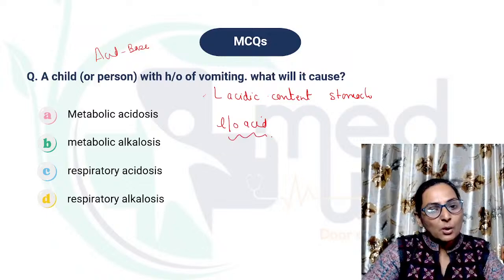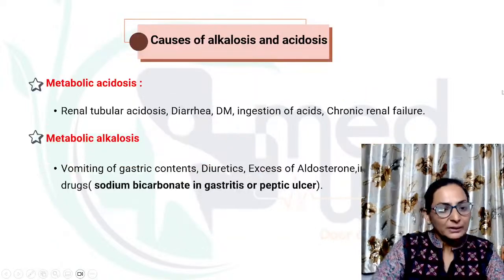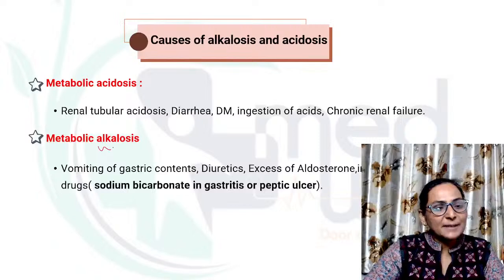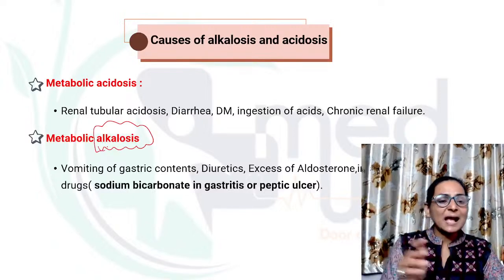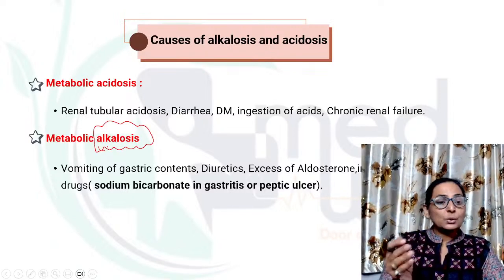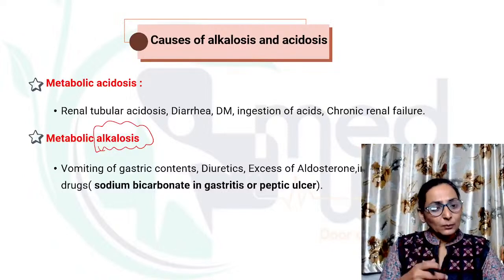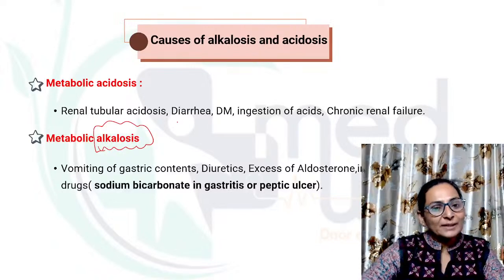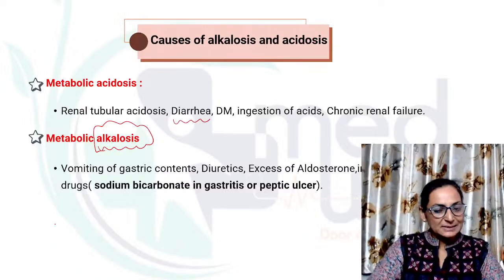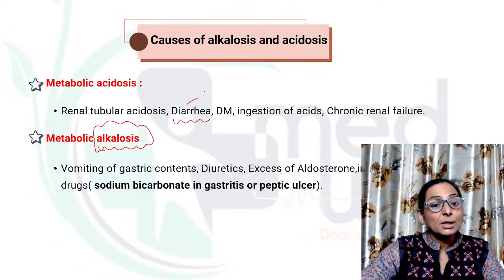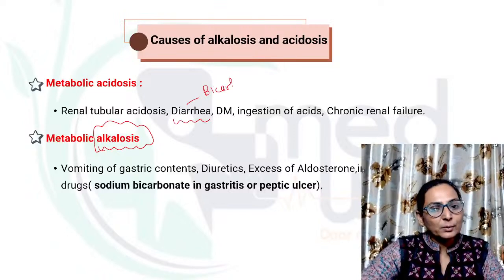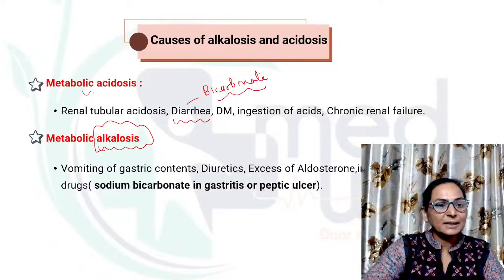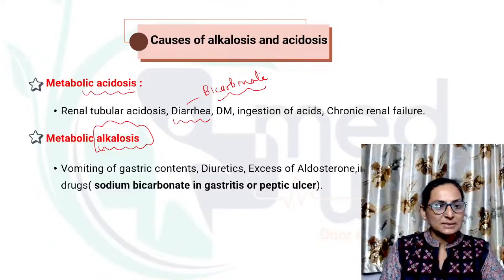So a loss of acid is going to create what will be metabolic alkalosis, as simple as such. So when there is vomiting, there is loss of acid, so metabolic alkalosis. But when there is diarrhea, what happens? There is loss of bicarbonates. That means loss of alkali, which is going to result in metabolic acidosis, right?